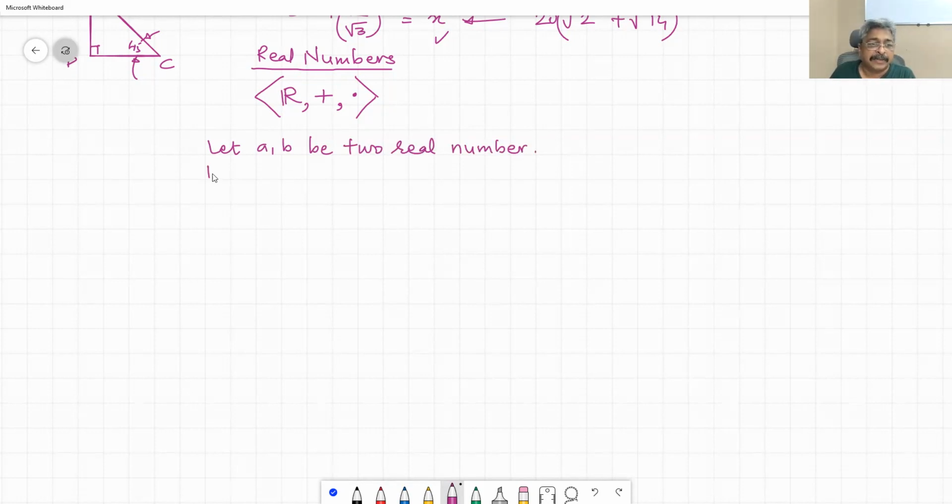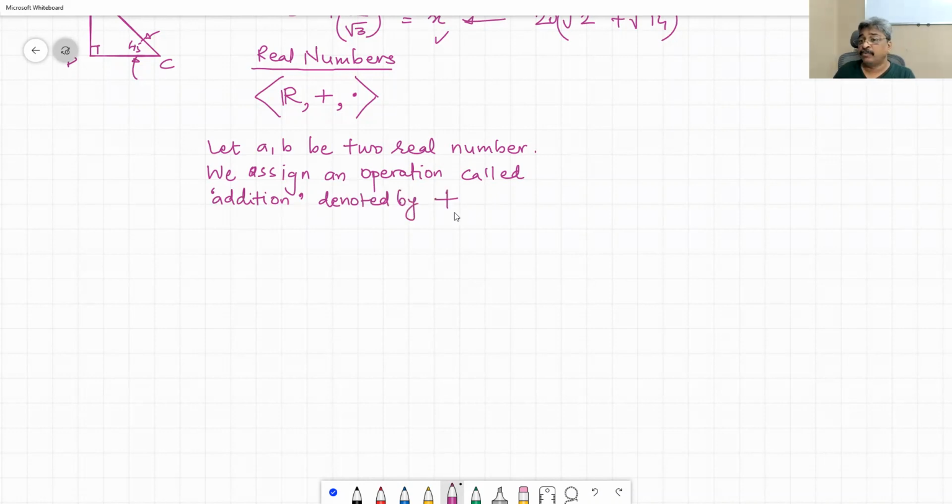We assign an operation called addition, denoted by plus.